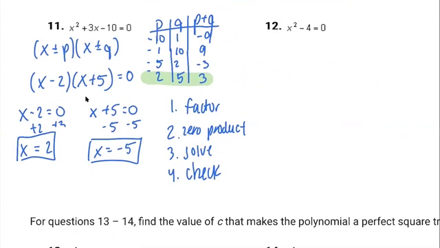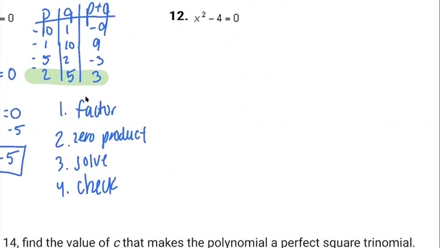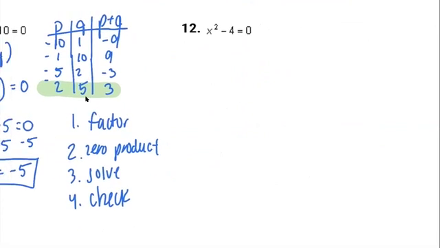If we do this next one here, x squared minus 4, we're still going to follow the same process, but we have to start off with, does it have an x squared? Yes. So we know we're dealing with a polynomial, a quadratic. And what I noticed here is there's no x term. So the next question you ask is, are these perfect squares?